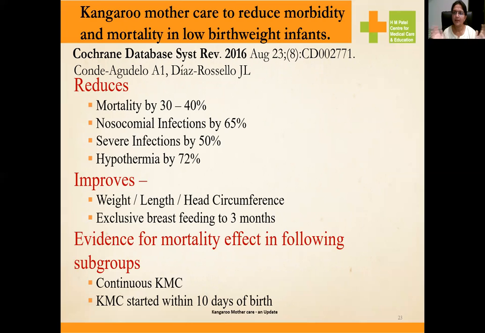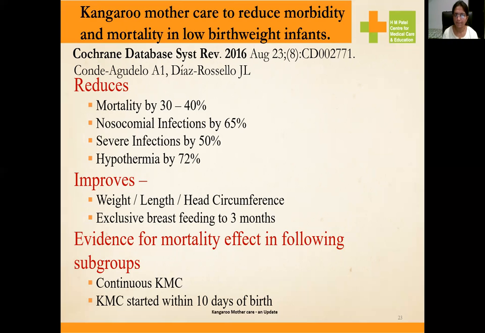So, combining all the benefits together, if we review this, there is a Cochrane database systematic review done in 2016, which suggests that KMC reduces morbidity and mortality in low birth weight infants. It reduces mortality by 30 to 40%, nosocomial infection by 65%, severe infection by 50%, and hypothermia by 72%.